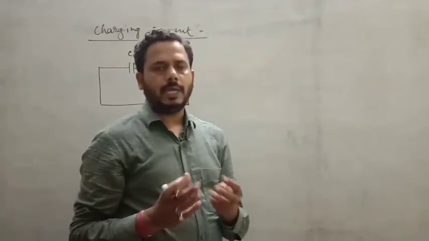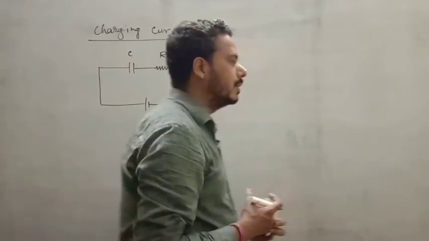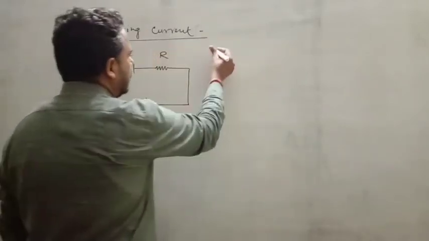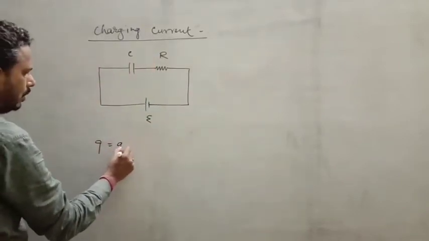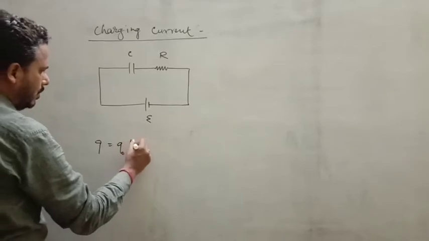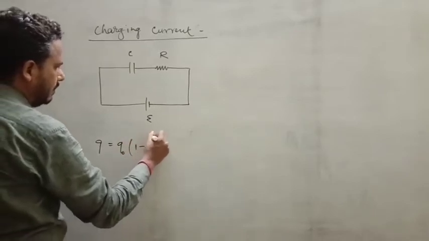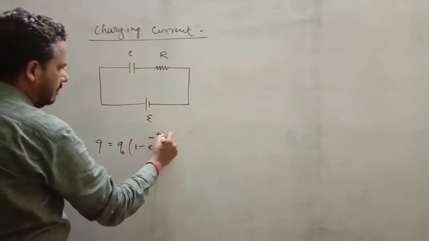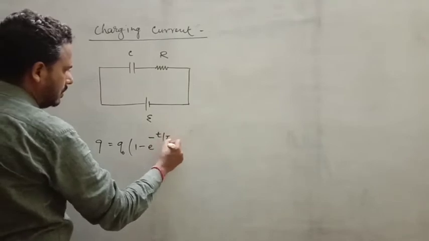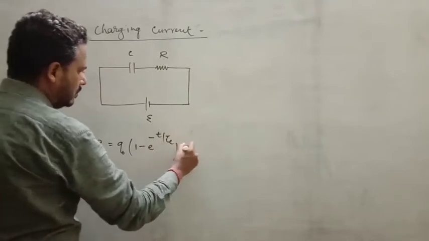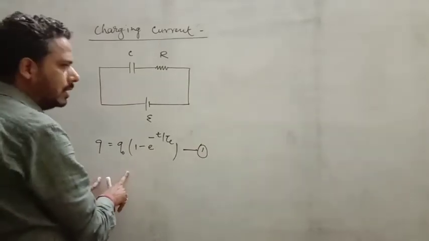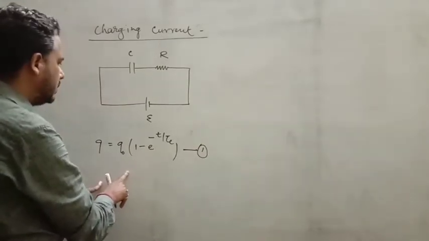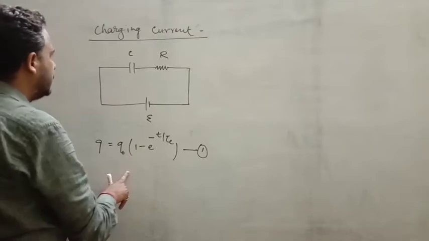Keep in mind the equation we derived in the previous class for the charge. It was Q is equal to Q naught (1 minus e to the power minus t by tau c), and we will use this equation only to find the current.